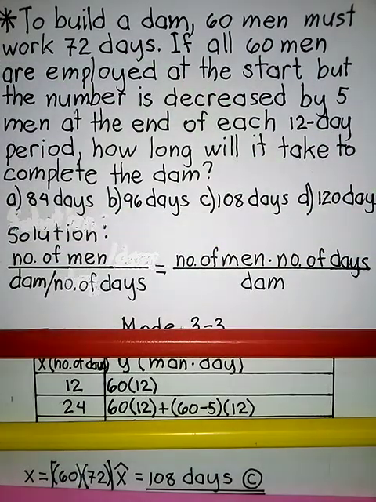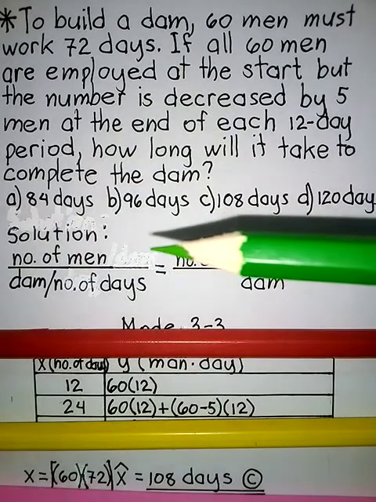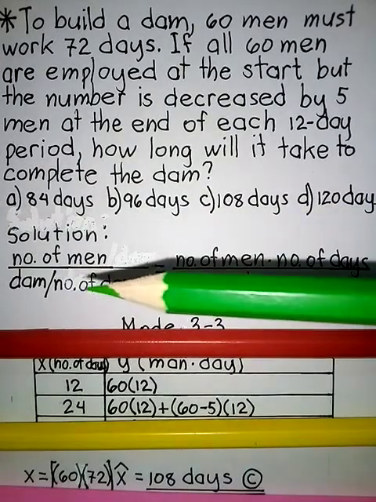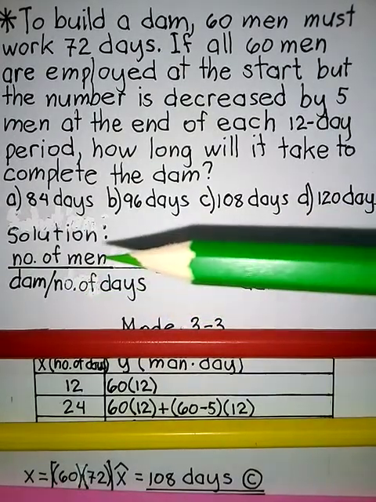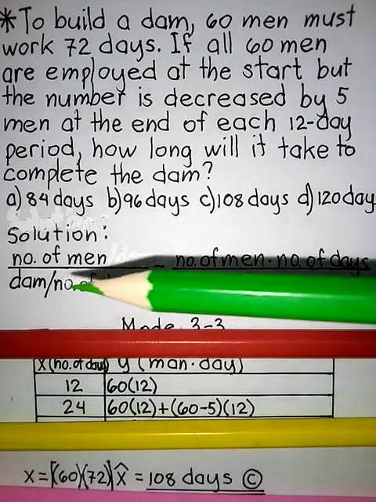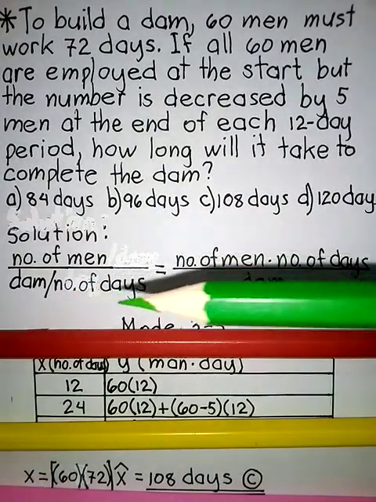Let's first actualize the words here: 60 men can build a dam in 72 days. So the number of workers can build a dam in this number of days.